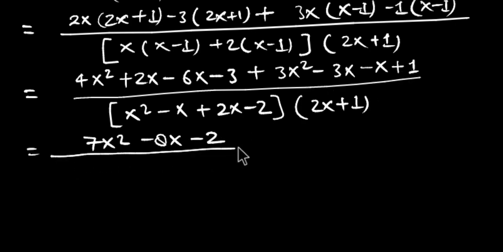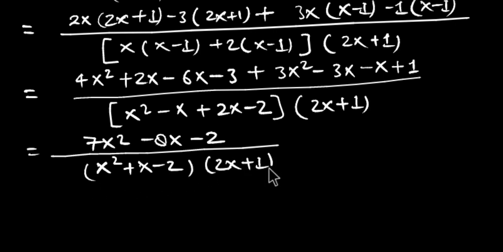This whole term divided by x square minus x plus 2x minus 2, so this is x square plus x minus 2. This term multiplied with 2x plus 1.